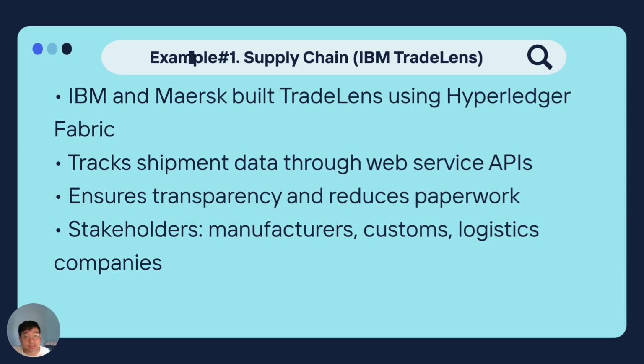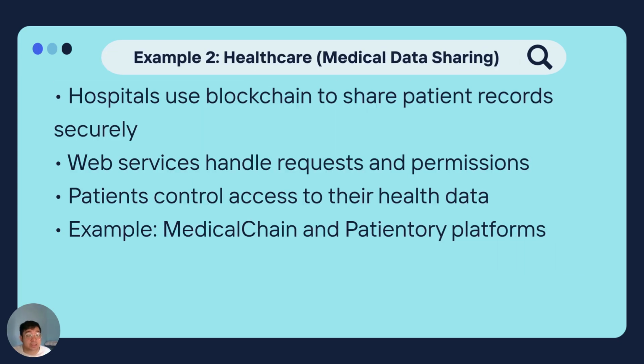Now, let's proceed with the second example. The second example is in the healthcare industry. Hospitals often struggle to share medical records safely between different systems. Blockchain can help with that. Platforms like MedicalChain and Patientory use the blockchain to store and manage electronic health records. Here, web services can handle access permissions.